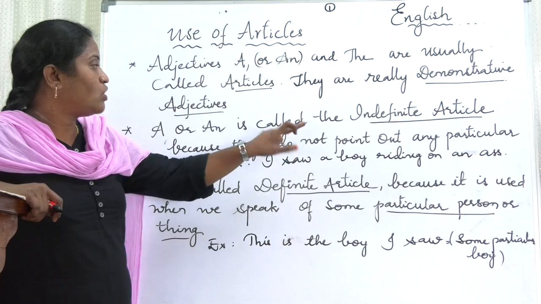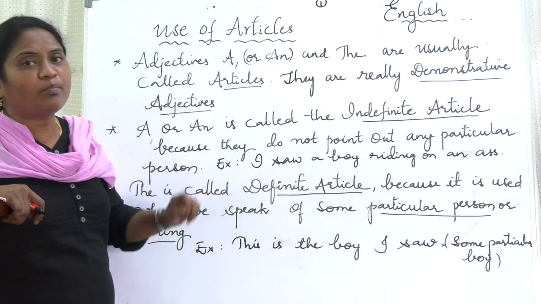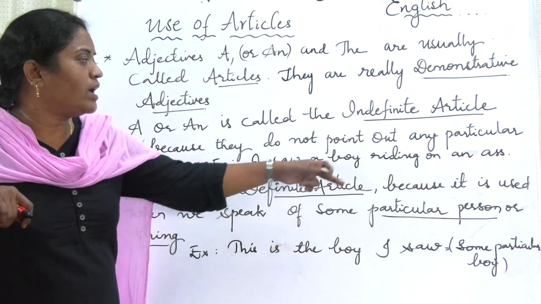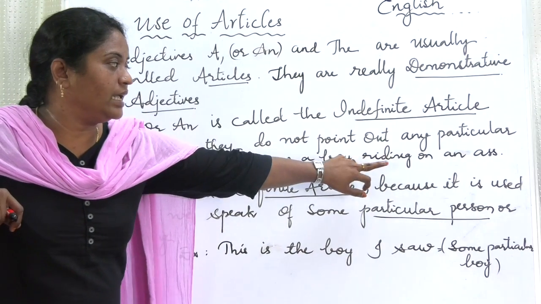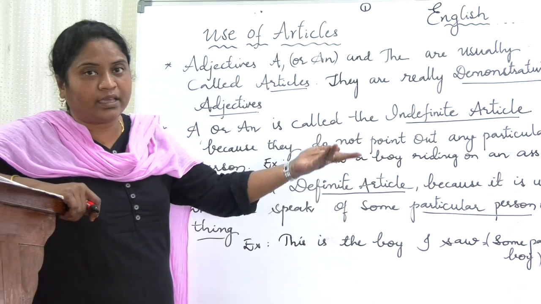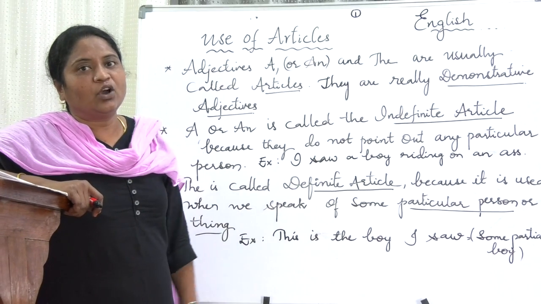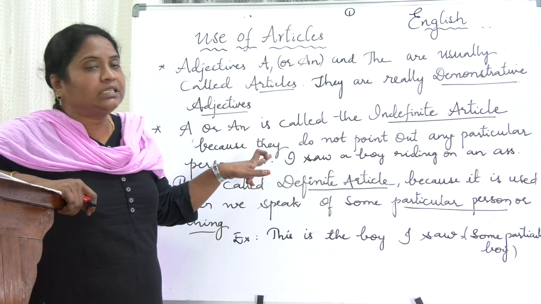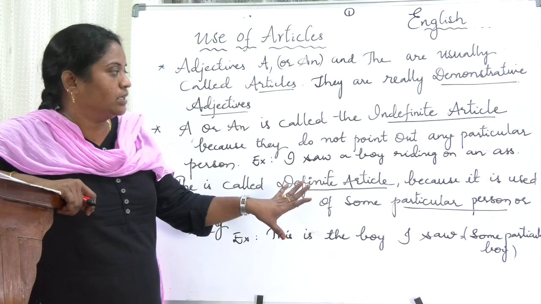So, a and an are called indefinite articles because they do not point out any particular person. For example, I saw a boy riding on an ass. It is not a particular boy, some boy we have seen riding on an ass. So, here indefinite articles do not point out any particular person.